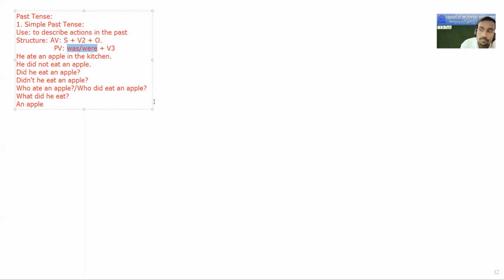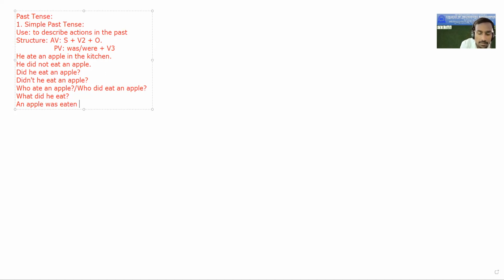If your object is singular, you will use was. If your object is plural, you will use were. Here "an apple" is singular, so we have to use was. Then eat is V1, ate is V2. What is V3? Eaten.